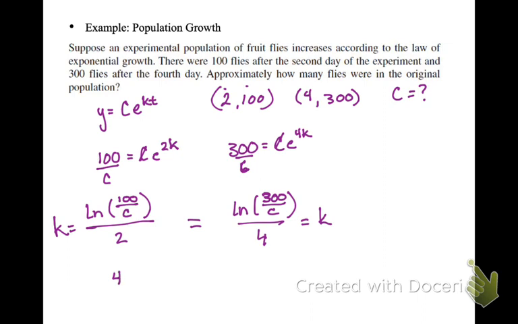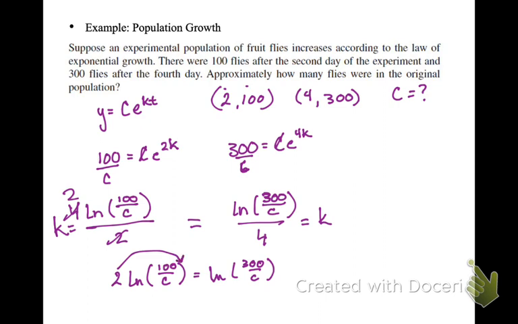So this would be 4 times the natural log of 100 over C equals 2 times the natural log of 300 over C. Can I multiply by 4 and then make it 2? Well, this 2 would become an exponent, wouldn't it?